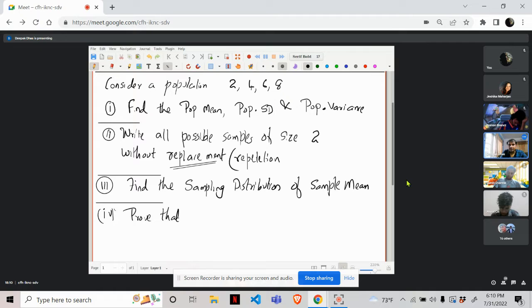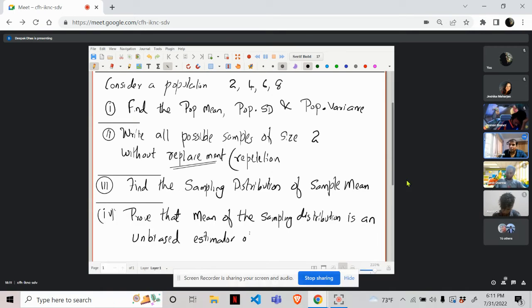Prove that the mean of the sampling distribution is an unbiased estimator of population mean. Also find the standard error.